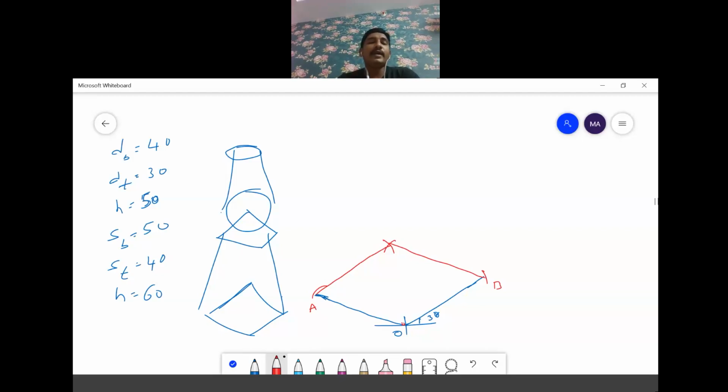I have drawn this square with base side as 50 mm. This one is 40. Here he has given height as 60. So I am extending it to the height of 60 mm from this center.